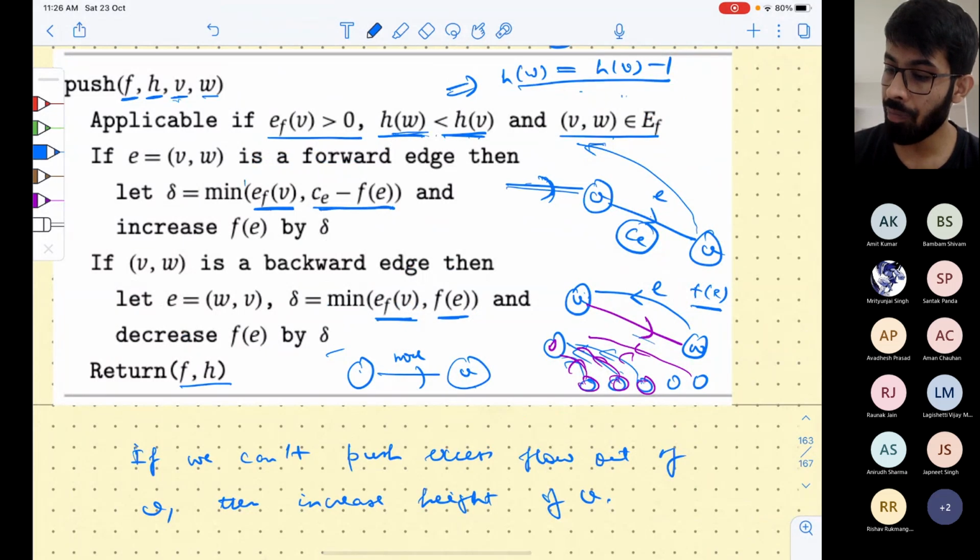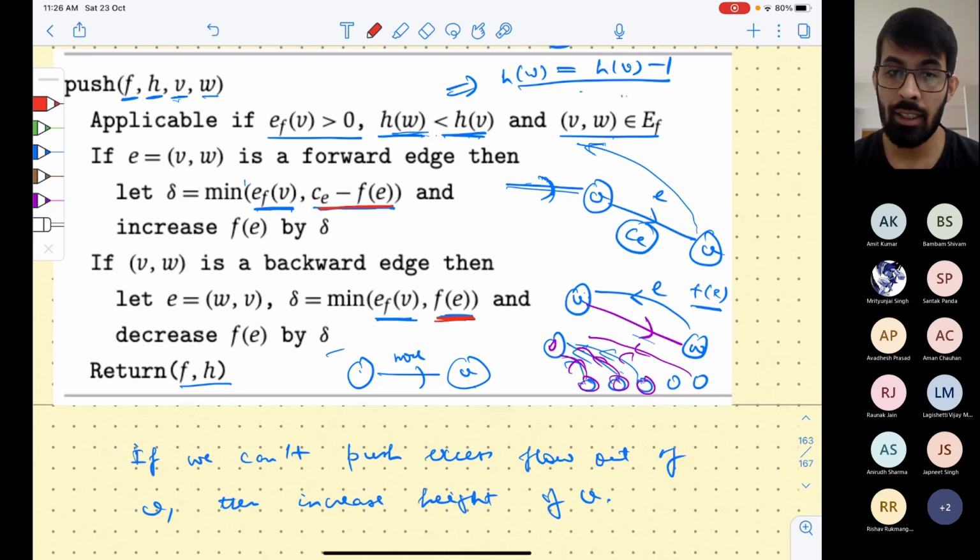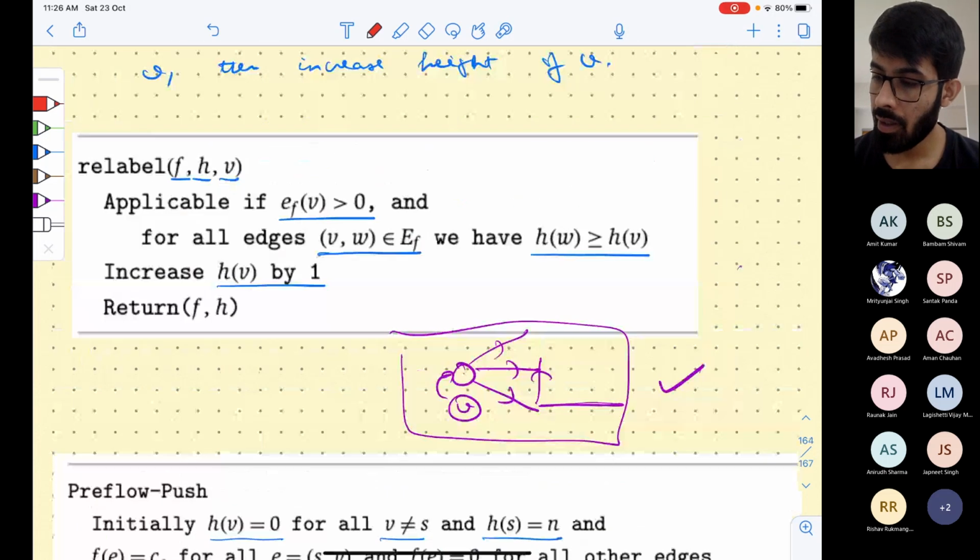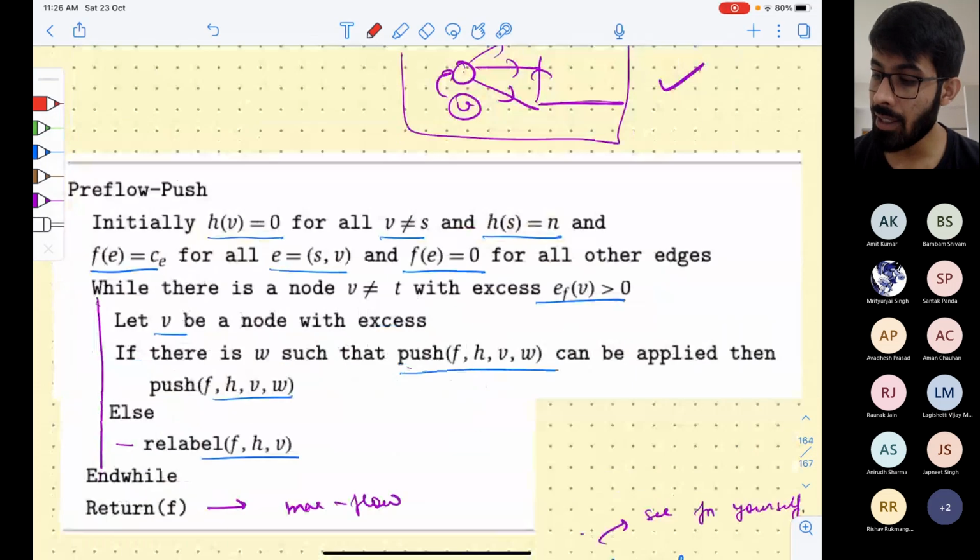Otherwise, this will happen. Similarly, if the second one happens, then it's saturating. And here also, if the second one happens, then it's saturating. But what happens when the first one happens in both cases? What is that case?